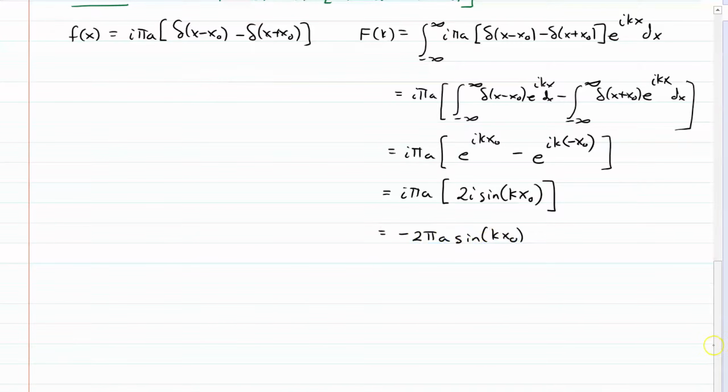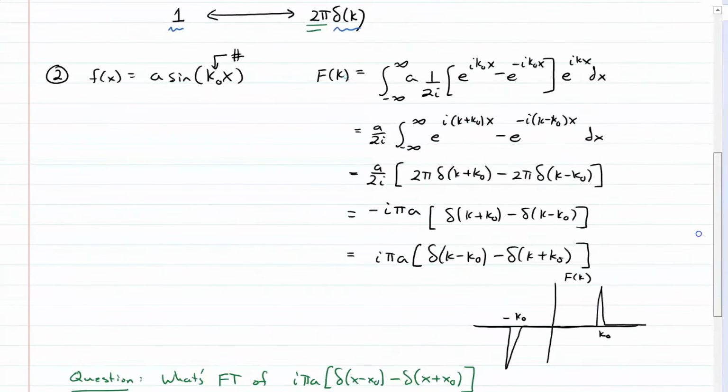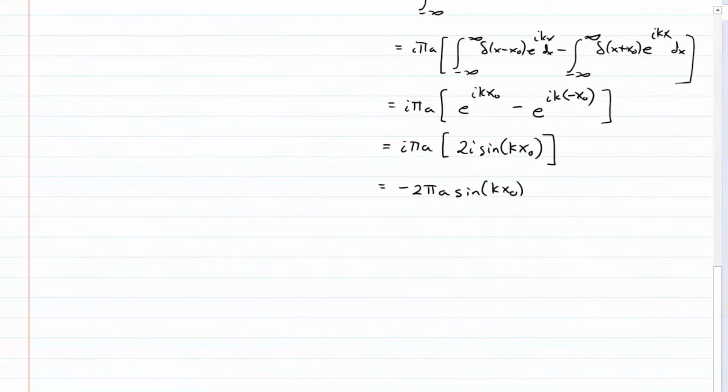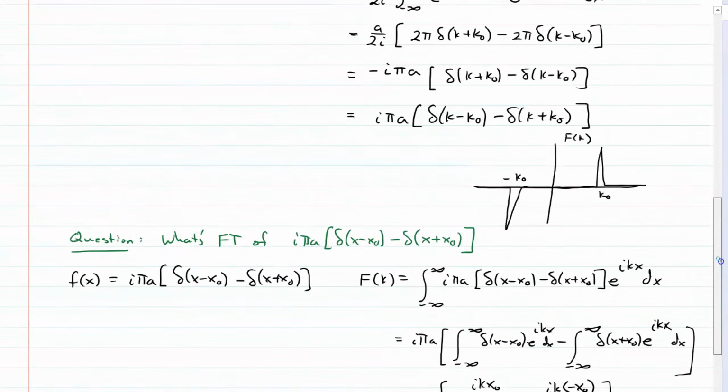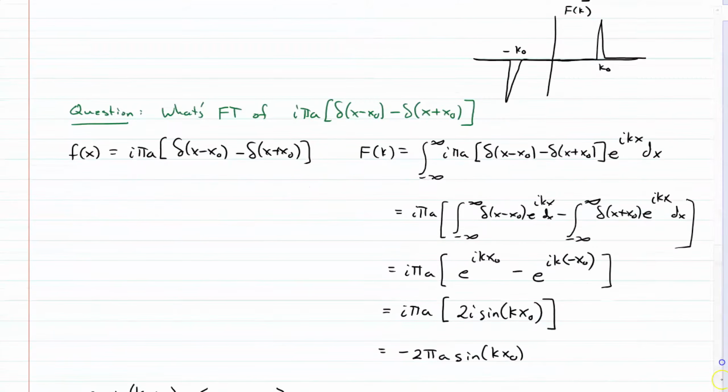Okay, this one was a little more complicated, but let's go back and look here at the pairs that we have. First, if f of x is a sine k0x, so we have two pairs. We have a pair that looks like this: a sine k0x is a Fourier transform pair with this function, i pi a times delta of k minus k0 minus delta of k plus k0.